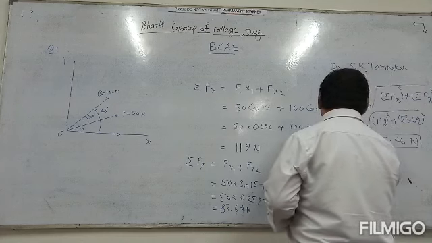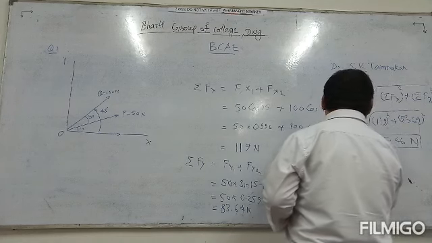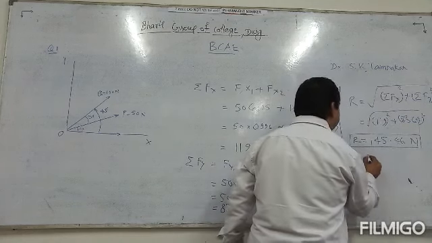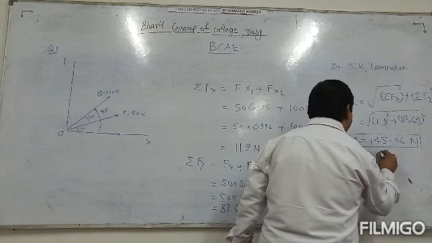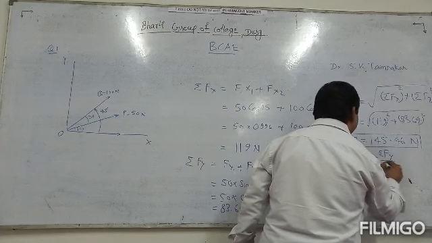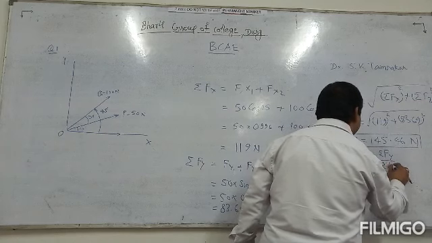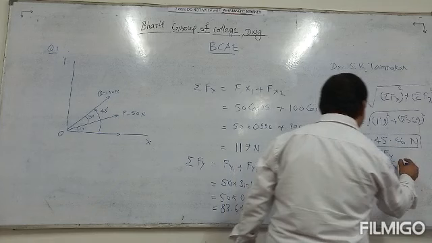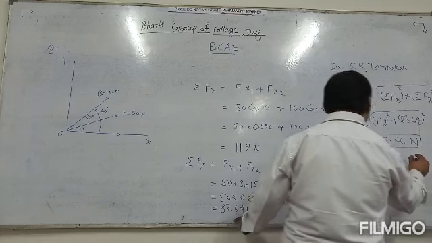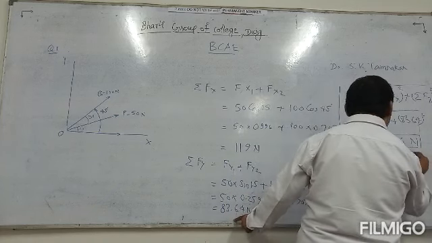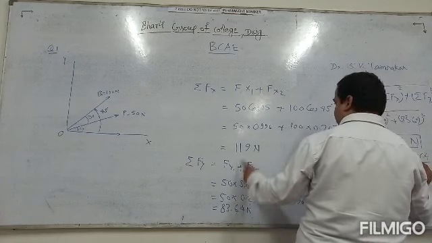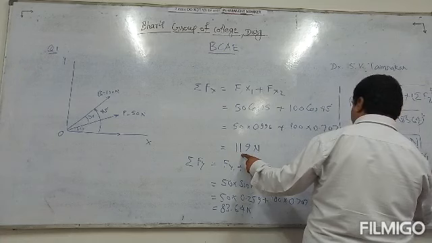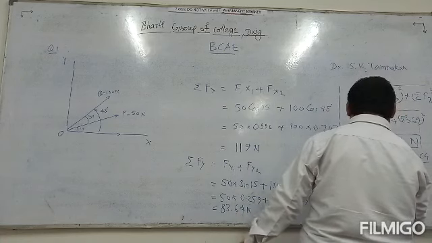And for finding out the angle, the formula is tan theta equal to summation of Fy by summation of Fx. This comes 83.64 divided by 119.